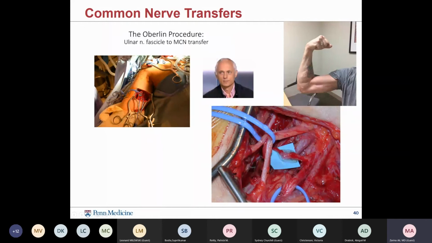And really, without exploration of the plexus, it's not entirely clear which elements of the plexus are functional or not functional electrically at the time of surgery. So often most folks would do a brachial plexus exploration and then usually utilize a nerve transfer in addition to a direct exploration once you've identified that C5, for example, is avulsed.